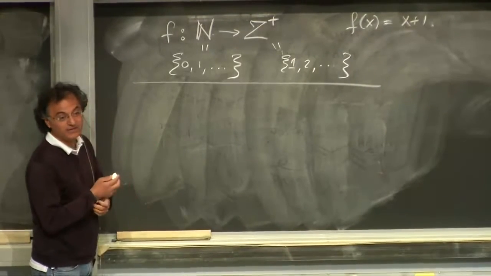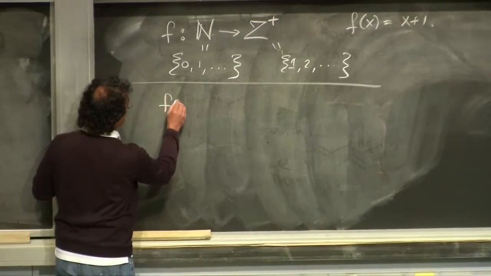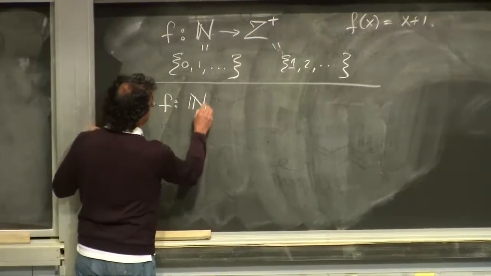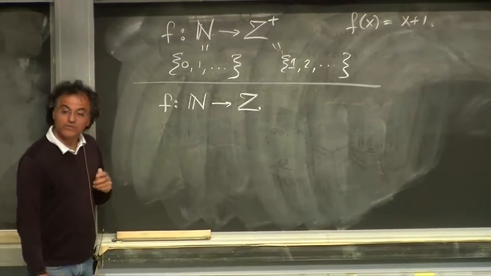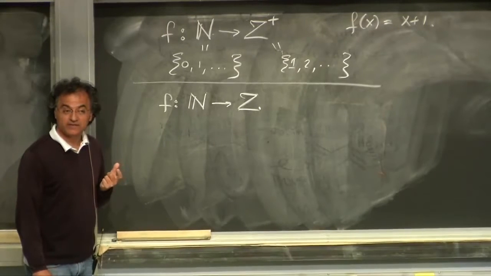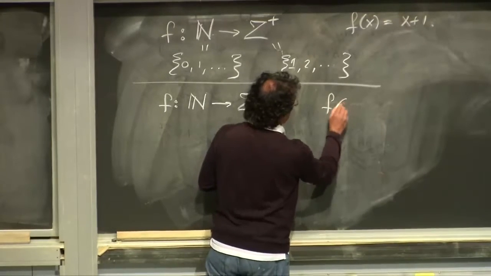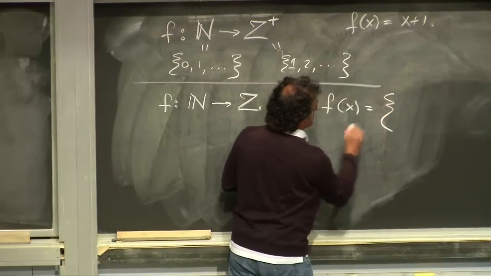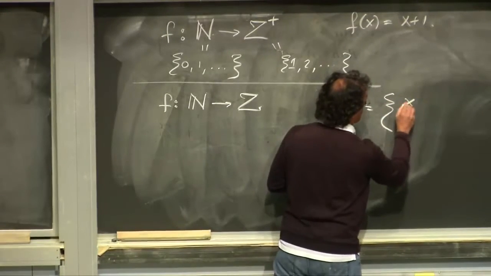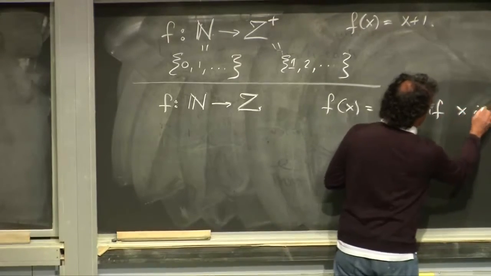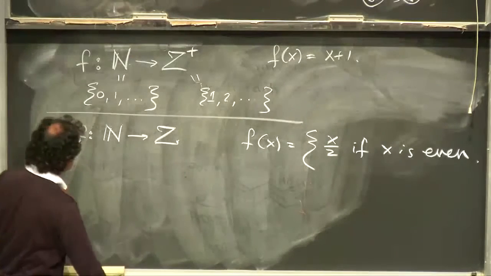Now, what we're also claiming is that, in fact, there's also a bijection f which maps the natural numbers to all integers, Z. Right? And what would this bijection look like? So if x is even, then we map it to x over 2.